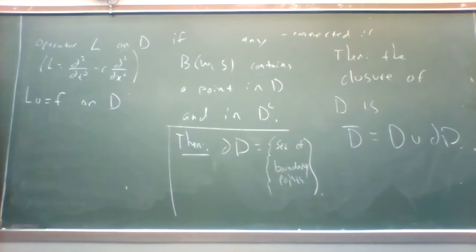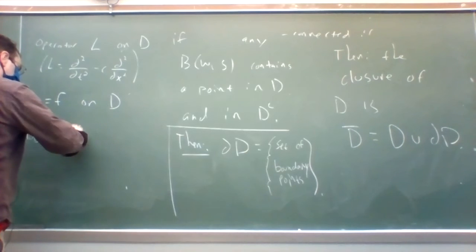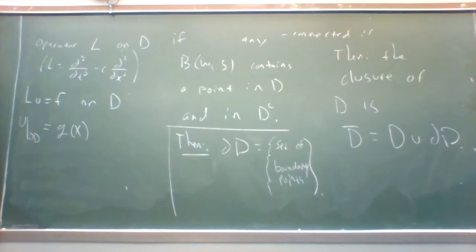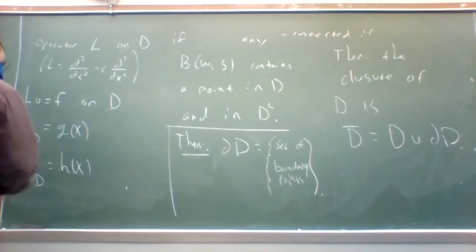And you'll write something like u restricted to the boundary of D equals some function. And in the case of the wave equation, you also write the derivative of u restricted to the boundary equals some other function. And so this is how you kind of properly set up an equation with its initial condition.